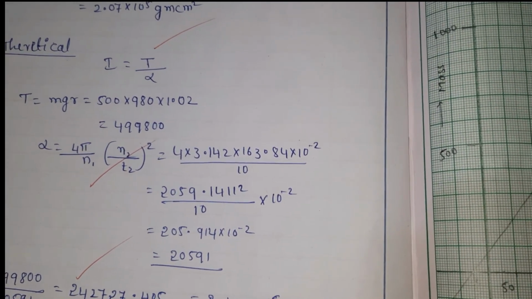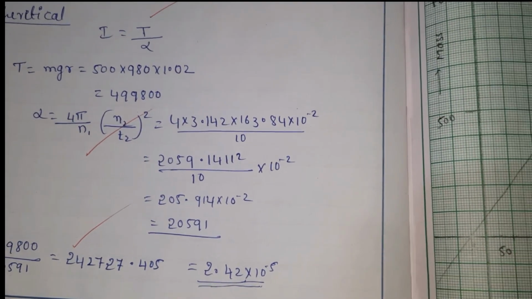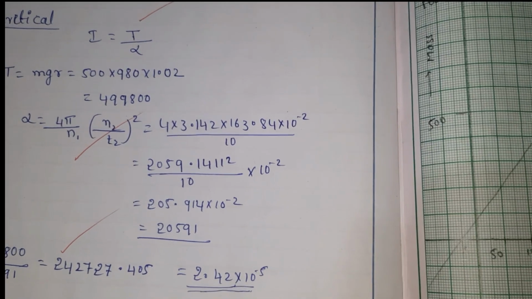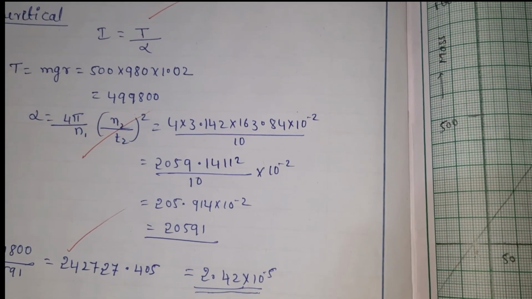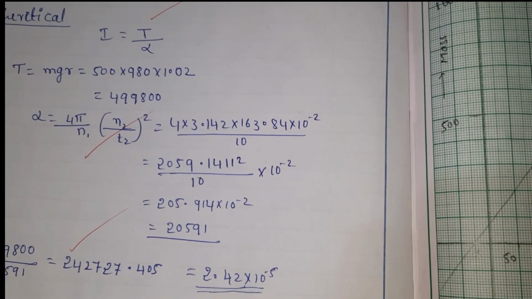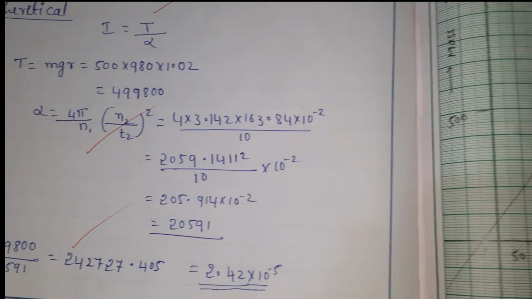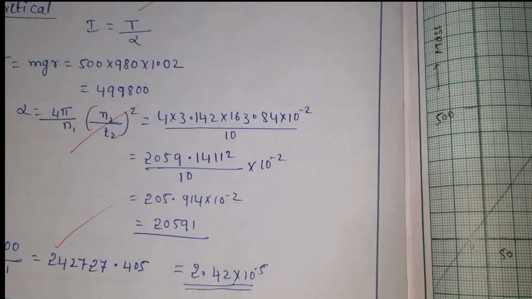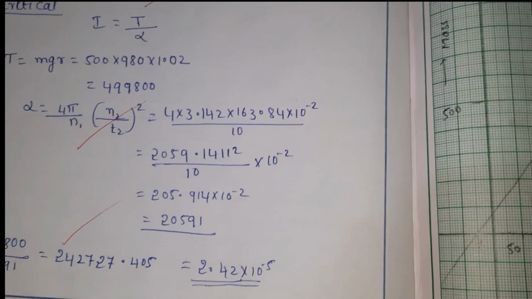So this is for 500 gram. Then alpha is equal to 4 pi n1 n2 divided by t2 square. Then put the values here. N2 by t2 you can get from the tabular column for 500 gram. Write down that value here and calculate, and you will get alpha, the angular acceleration.